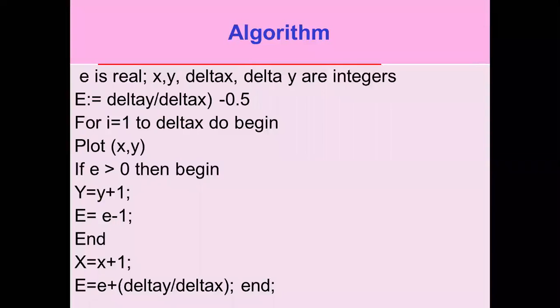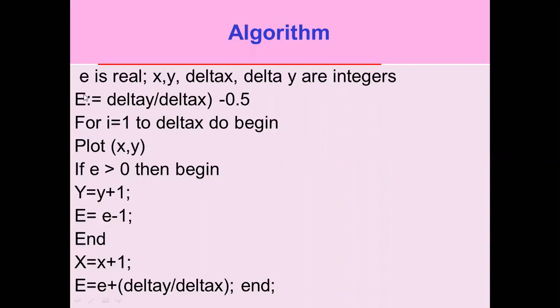Now you can see the algorithm. Here we define E as real, and x, y, delta x, delta y as integers. Then we have to calculate the value of E. Here it is small e, because I am changing into another file structure.